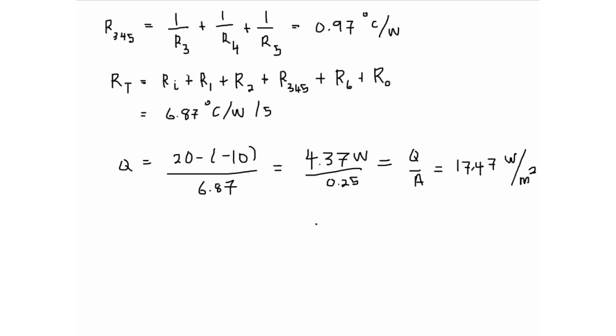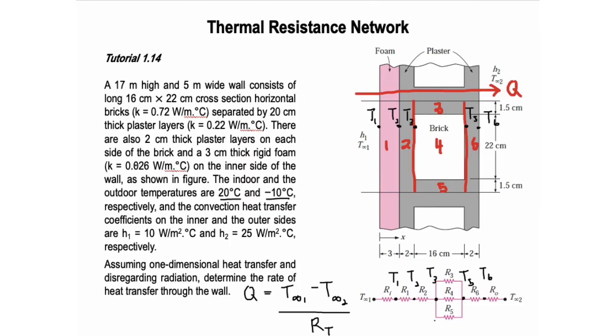So in order for you to determine the watt Q, 17.47 multiplied with the area. So now what is the area? 17 meter high and 5 meter wide.